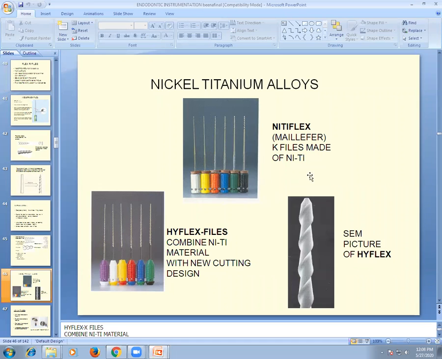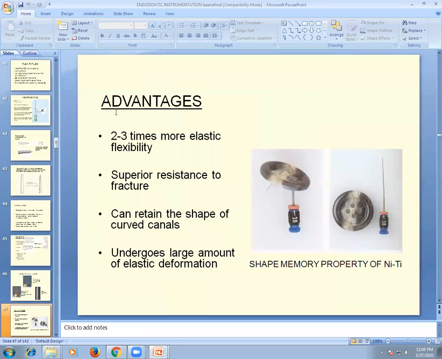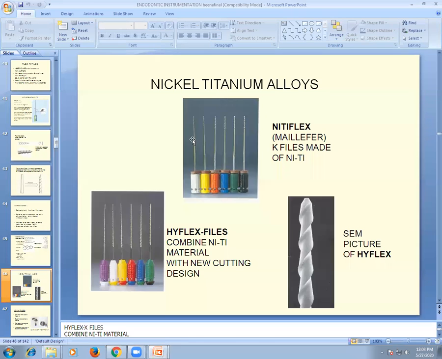They have memory benefits, that is, they can come back to their original position even after getting bent, which is not the case with the stainless steel files. They are 2 to 3 times more elastic. Remember, nickel titanium alloys can also be asked as a short note: the difference between the nickel titanium files and the stainless steel files.